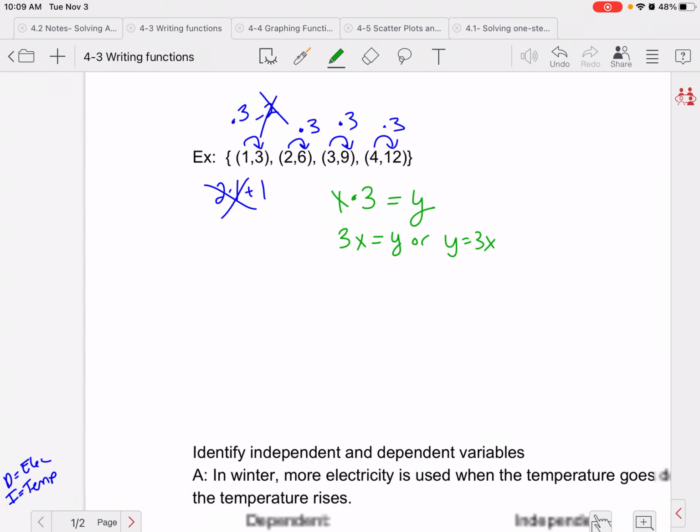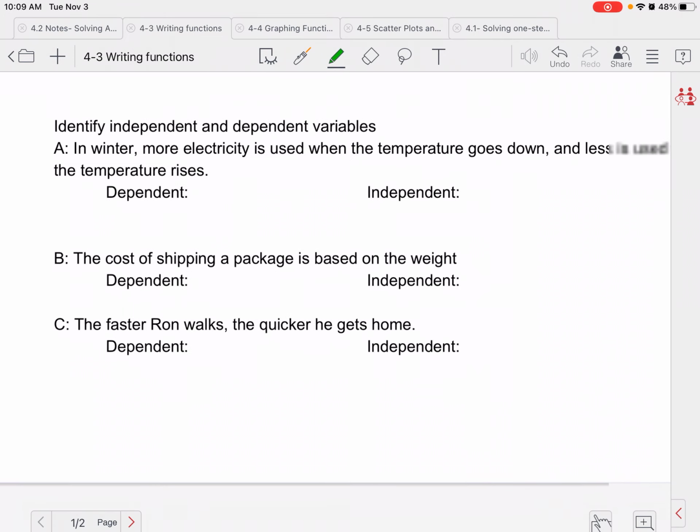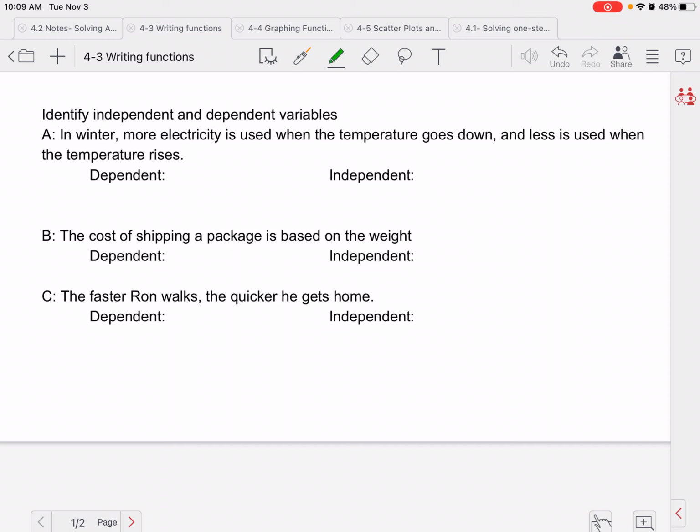All right. So we're going to identify independent and dependent variables, and this can kind of help us just get a feel for where things are in the graph, and what x and what y would be, okay? So our first one is, in winter, more electricity is used when the temperature goes down and less is used when the temperature rises. So we want to identify the two things that are changing. So we're using different amounts of electricity and the temperature is going up and down, right? So what I say is, okay, which one depends on which, okay?